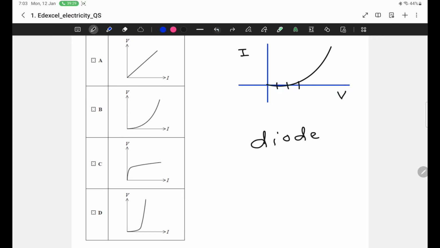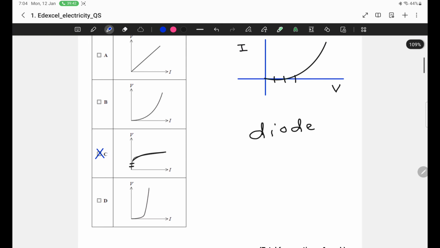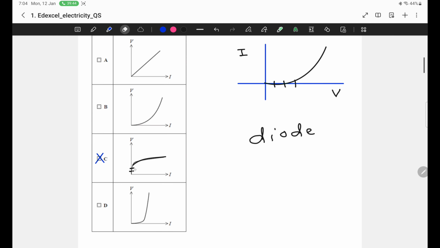They have interchanged the axis. So at low voltage, no current, and then current starts. So the right answer is C, because they have interchanged the current and voltage axis. That is why the shape of the graph is changed.